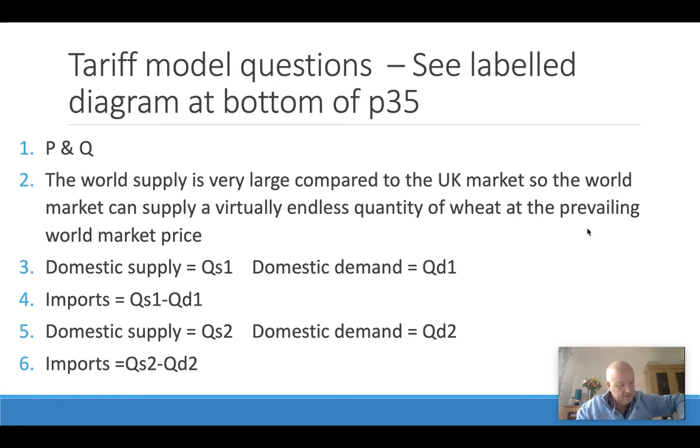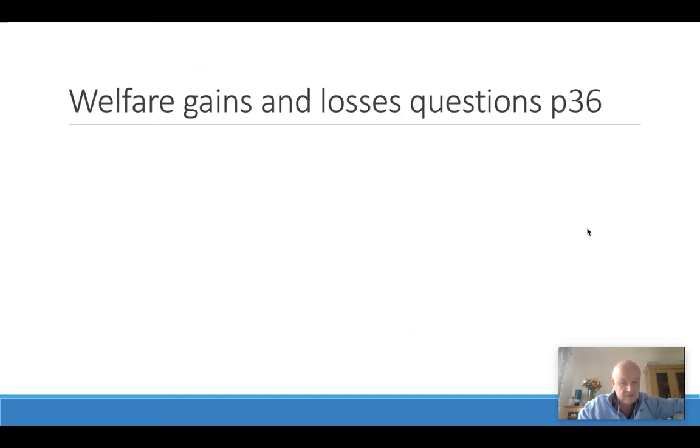Okay, so that answers those 6 questions. Let's take a look also then at some of the welfare gains and losses from this tariff. Okay, so obviously you'll need to refresh yourself in terms of welfare loss and gain. But in this instance, let's take a look at the next set of questions then on page 36.